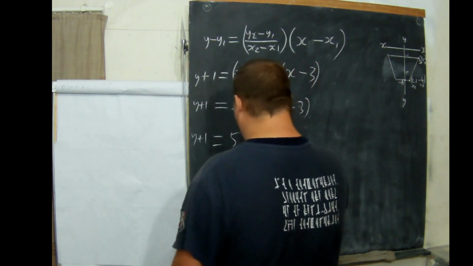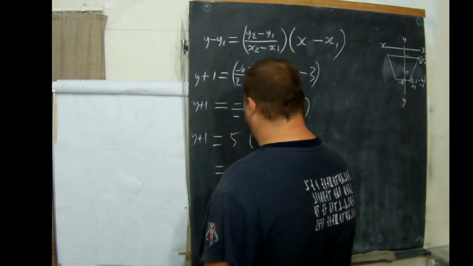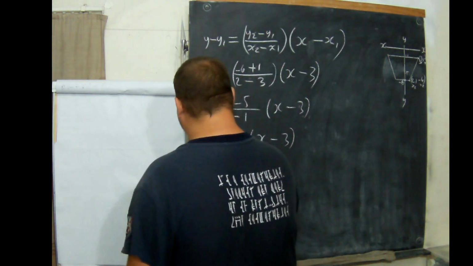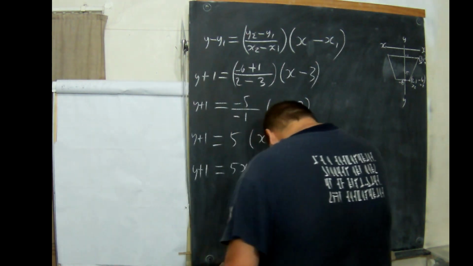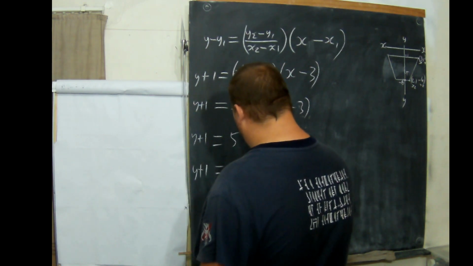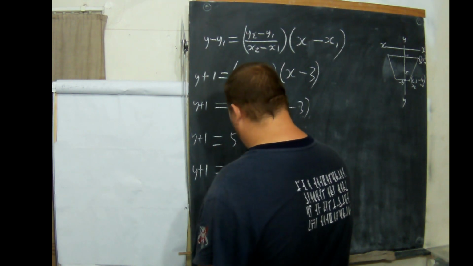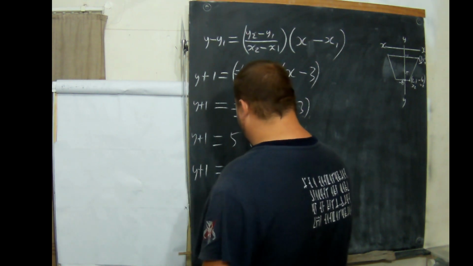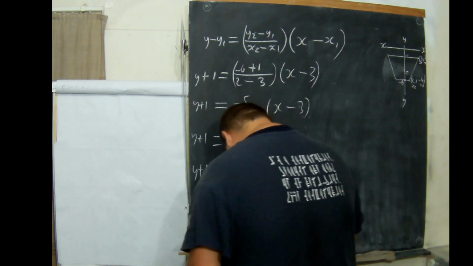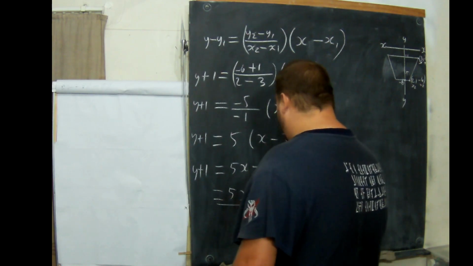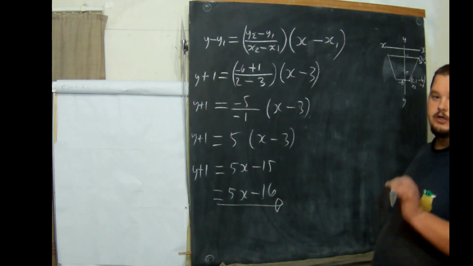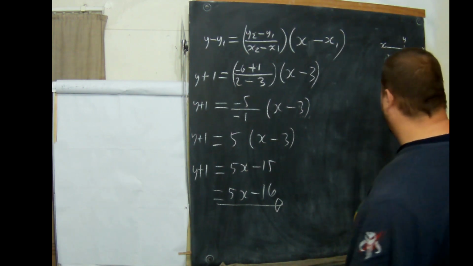Now, multiply x through. 5x minus 15, y plus 1. Okay, so minus 15 jumps over, becomes plus 15. Well, we can always say minus 1 is minus 16, so y equals 5x minus 16. And that is our equation. We've just worked out our equation.